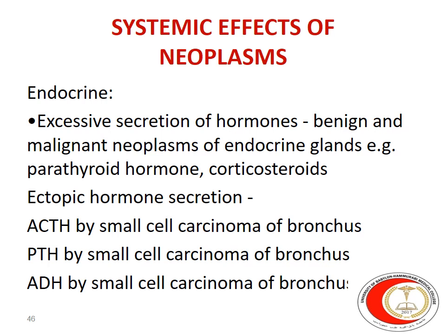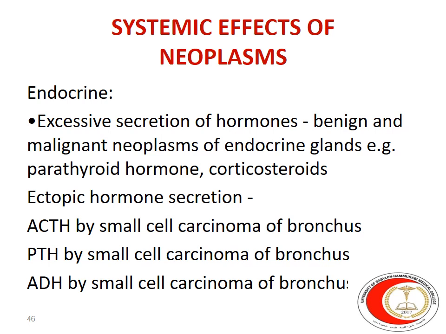Also, small cell carcinoma of the bronchus secretes parathyroid hormone, or PTH. Parathyroid hormone is secreted by the parathyroid gland, but small cell carcinoma of the bronchus will sometimes lead to an increase in the PTH level. Small cell carcinoma is the famous one in the secretion of ectopic hormones.